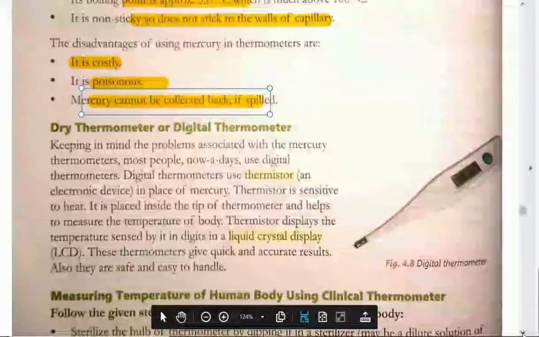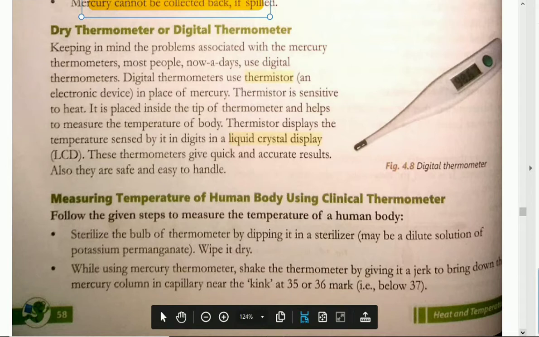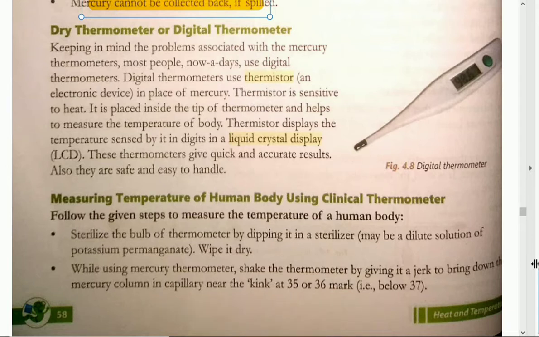Next is the dry thermometer or digital thermometer. Nowadays we use digital thermometers. These digital thermometers are basically dry thermometers. They consist of a thermistor instead of mercury.